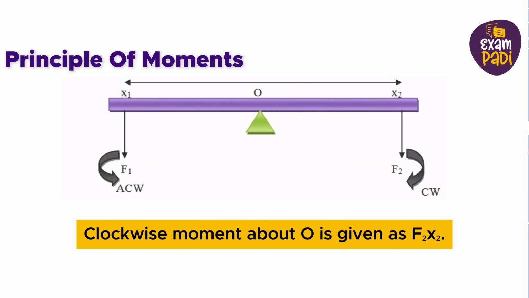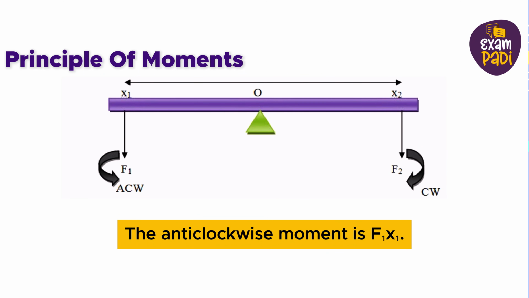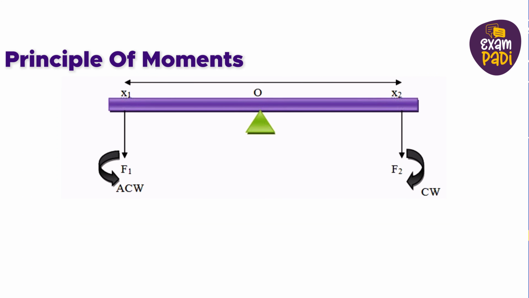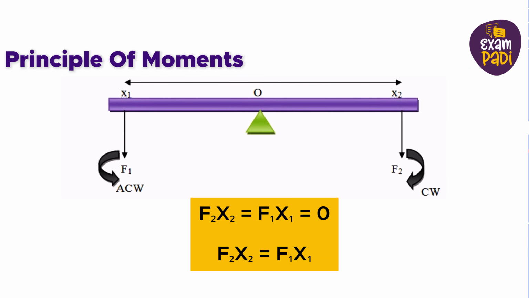From the diagram displayed, the clockwise moment about O is given as F2x2, while the anticlockwise moment is F1x1. Therefore, the sum of the moments is given as F2x2 minus F1x1. If the bar is in equilibrium, F2x2 minus F1x1 equals 0.